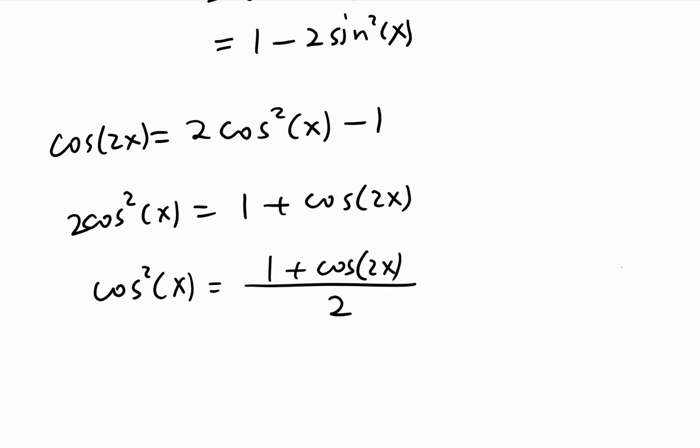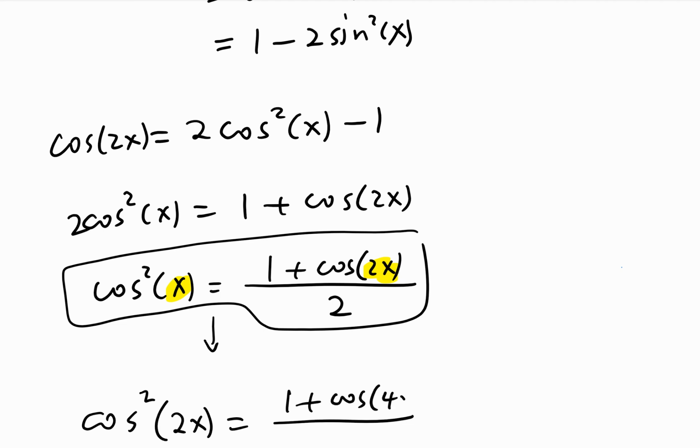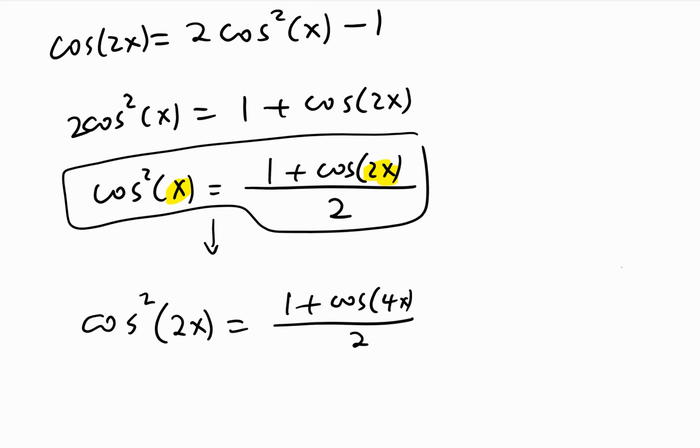Not only that, from here, this is important to know, you are allowed to multiply the highlighted angles by any number. Say by 2, for example. So that would make it 4x divided by 2. You can multiply any number, or divide.